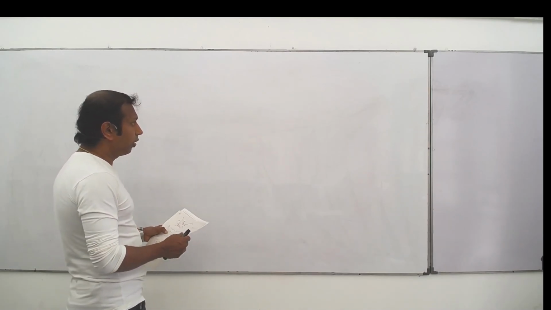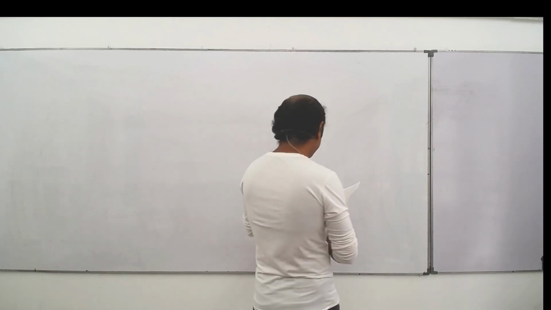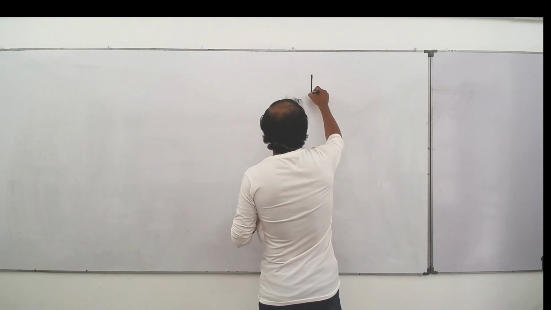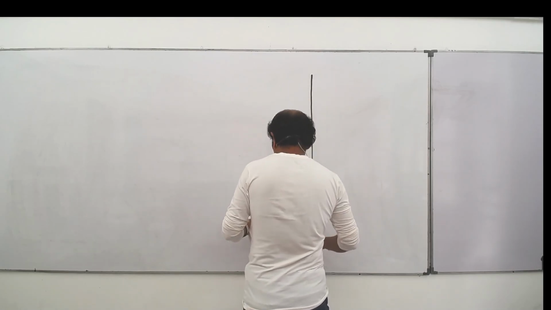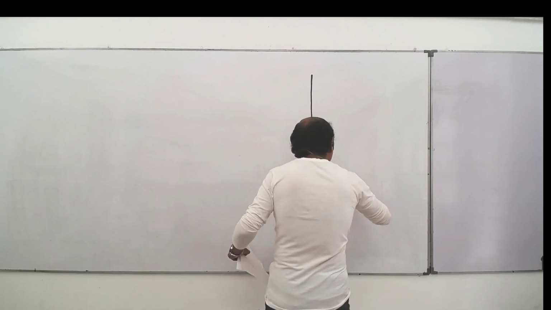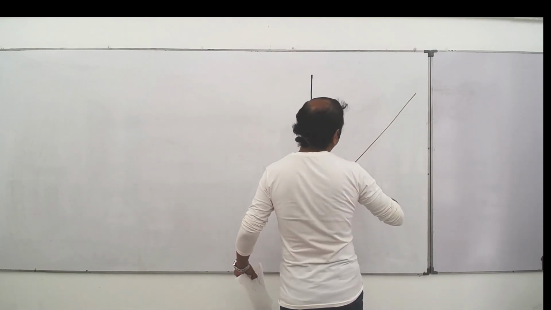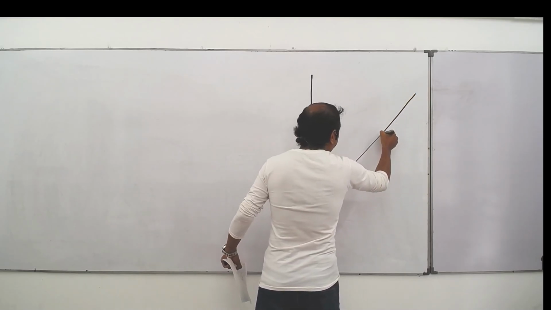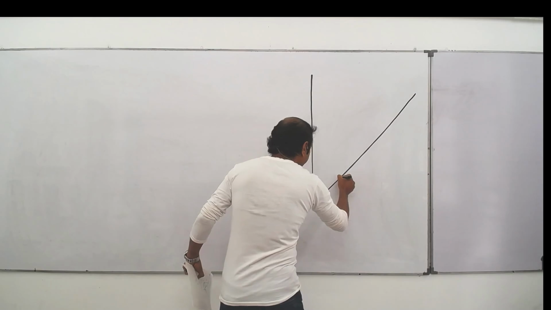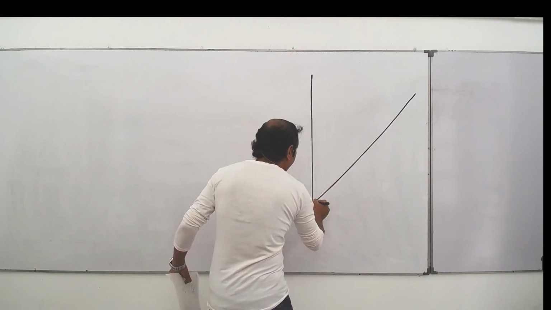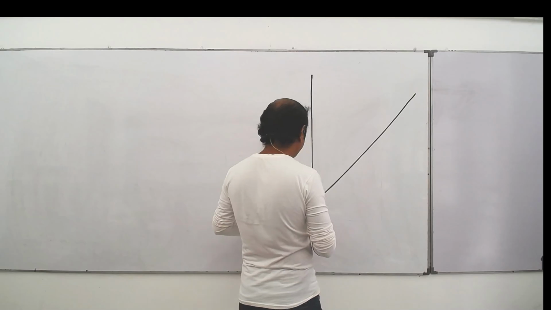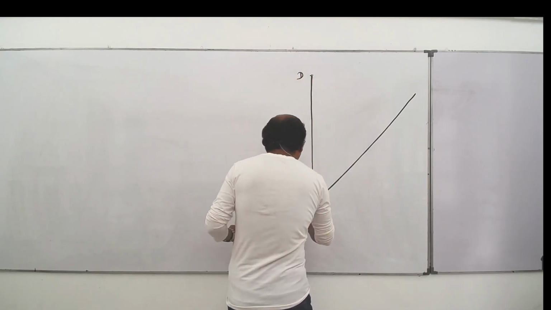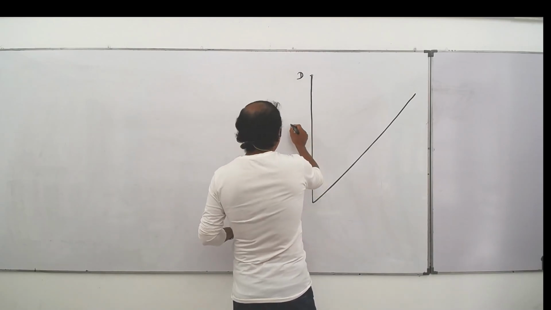So here we can draw the diagram. You see we have the rod. Now this is D, here A. This length is given as 5A.